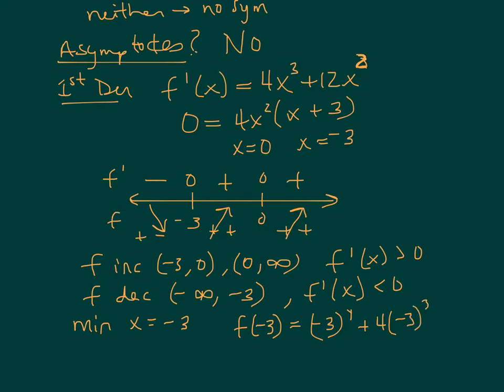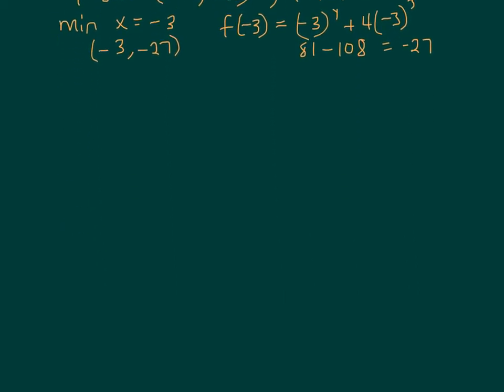So this would be 81, and then plus 4 times negative 27, which is going to be minus 108. So that is going to give me a negative 27. So I know my relative min is specifically at the point negative 3, negative 27. Okay, now I'm ready to go on and look at my second derivative.